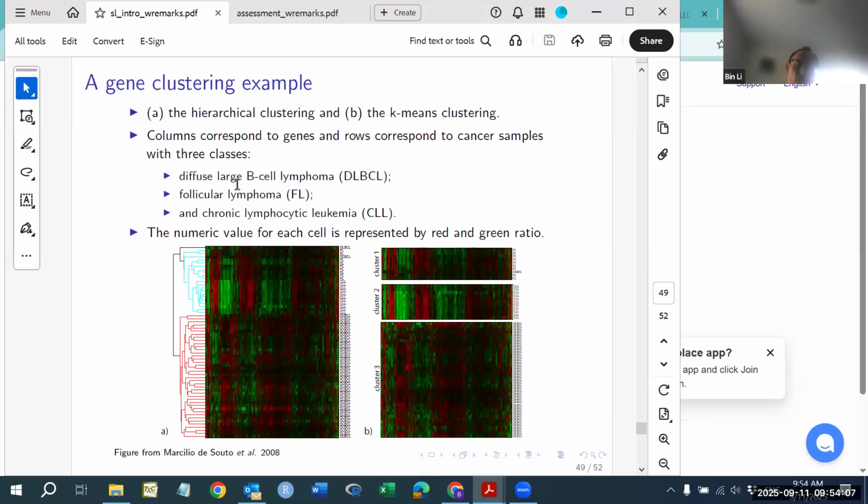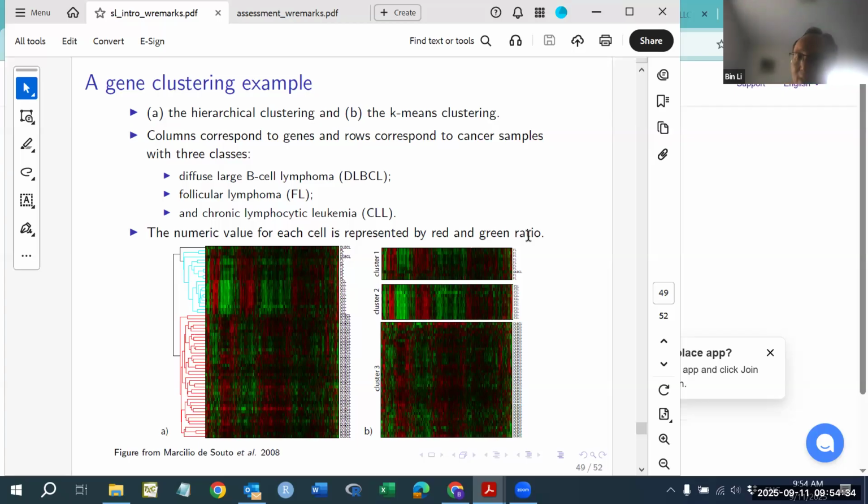So this is the gene clustering example. Here we have three types of cancers, and we have the patients' gene expression levels, and these are expressed through the heat map. The heat map uses red and green to show the numerical values for each cell.